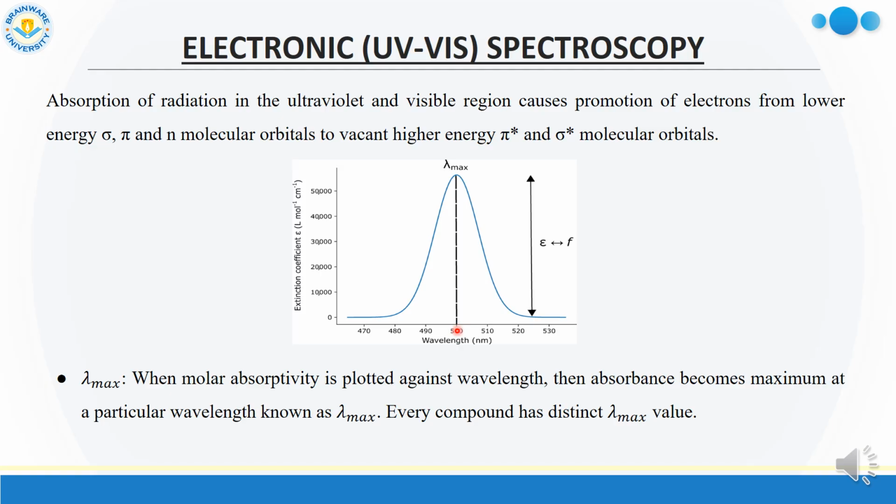That means the maximum wavelength here is lambda max. So lambda max is what? When molar absorptivity is plotted against wavelength, then absorbance becomes maximum at a particular wavelength. So at a particular wavelength, the molecule can absorb more energy. This wavelength is known as lambda max. Every compound has a distinct lambda max value.